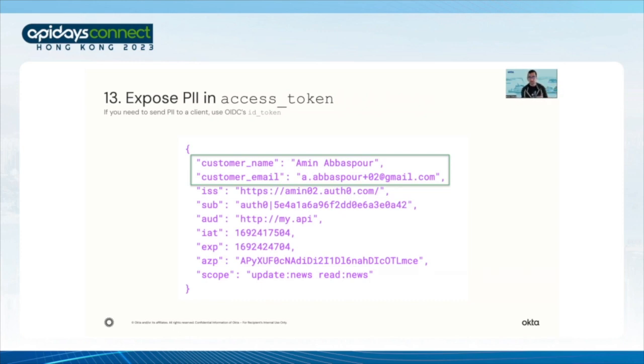It might be going outside your premises to other servers where you terminate the traffic, or it could be issued to third-party clients that can inspect this information and jeopardize the privacy of the end user. So avoid adding PII into the access token. Where it belongs is your ID tokens.